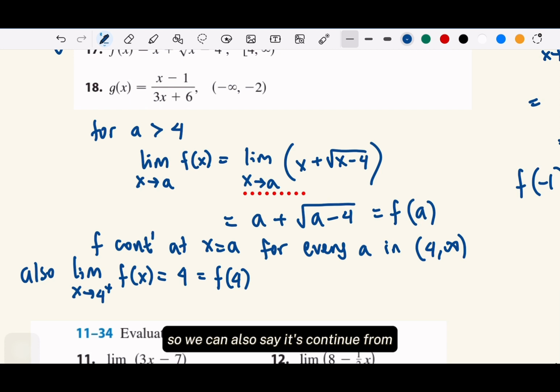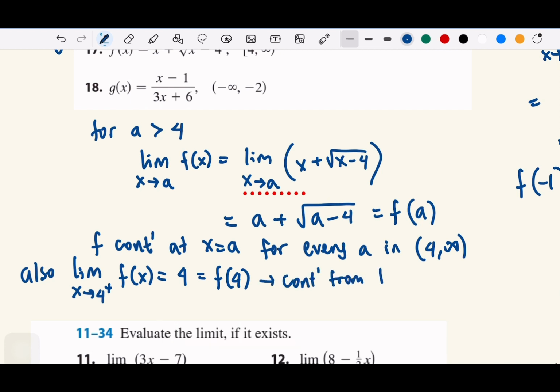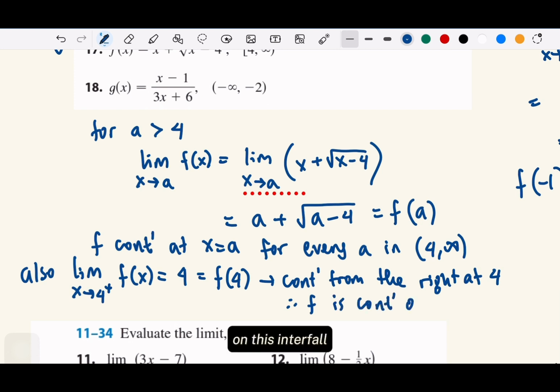So we can also say it's continuous from the right at 4. So f is continuous on this interval.